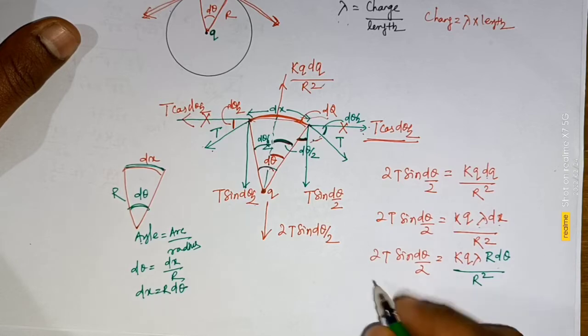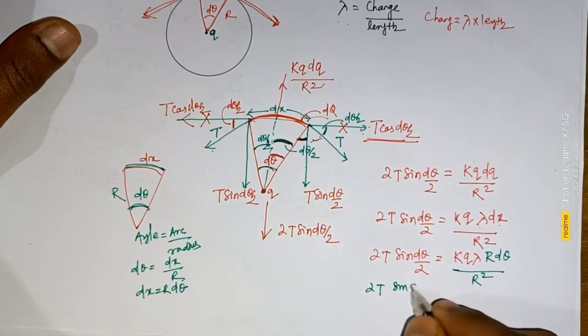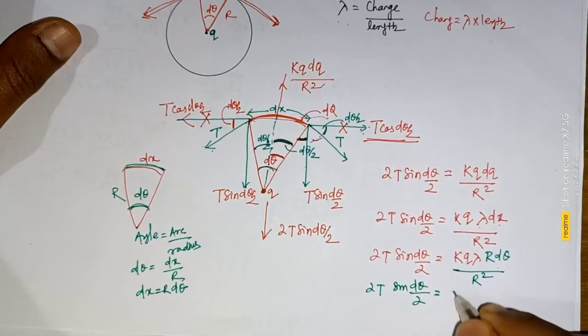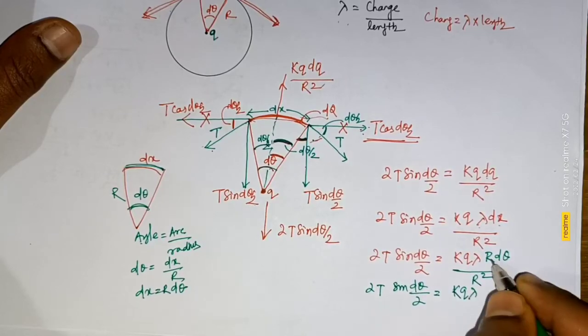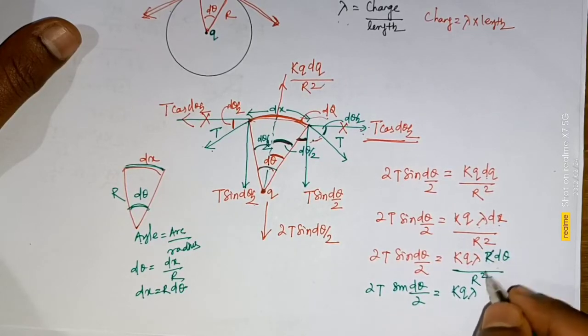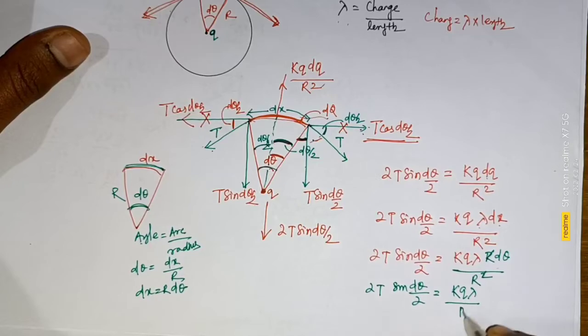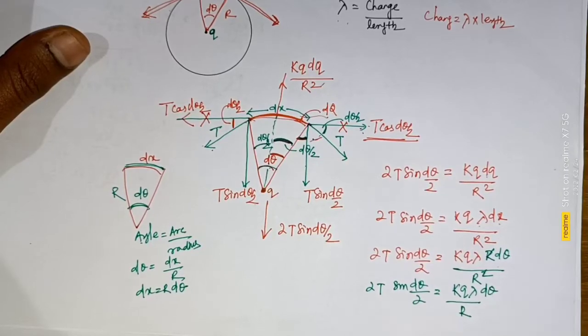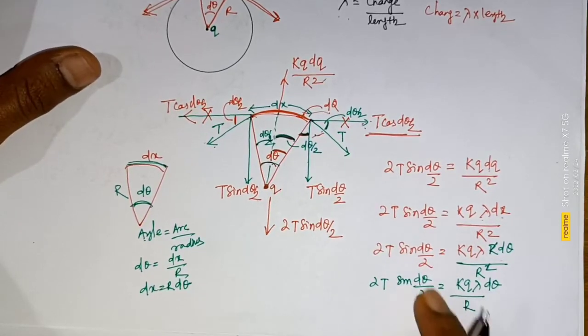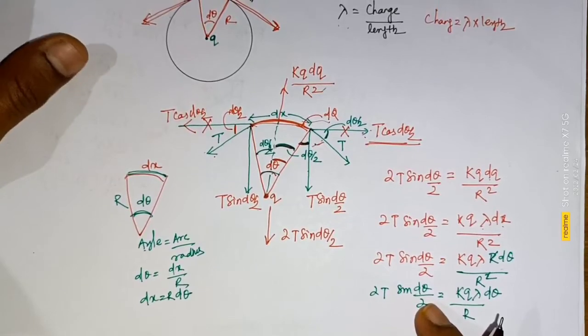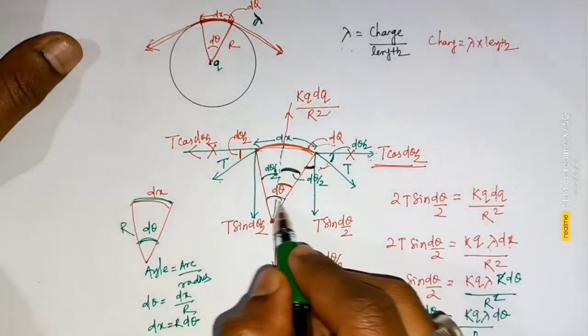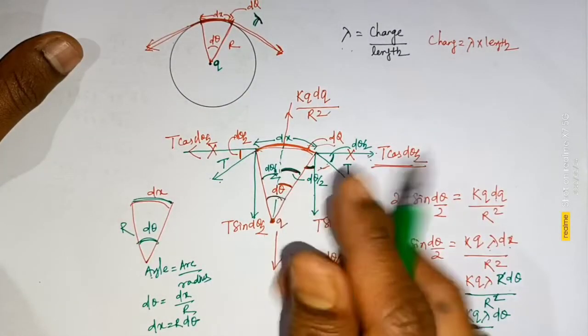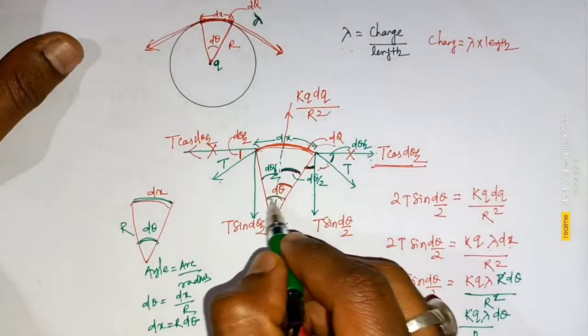Now going to the next step, this is 2T sin(dθ/2), I can write k q λ, one r cancelled, this is r dθ. Now look at the scenario. In the broader sense, this angle is very small.